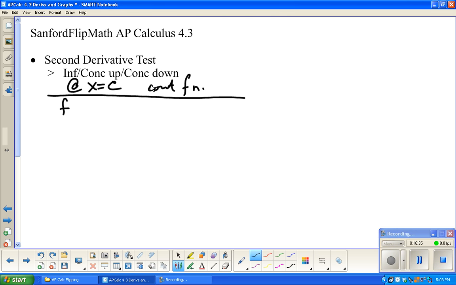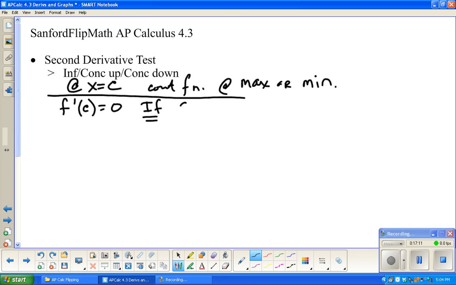And what we're going to look at is specifically at critical points, at actually extremes, at a max or a min. Okay, so here we go. The idea is, if f prime of c equals 0, so I have a derivative equaling 0, I'm at a max or a min, probably.